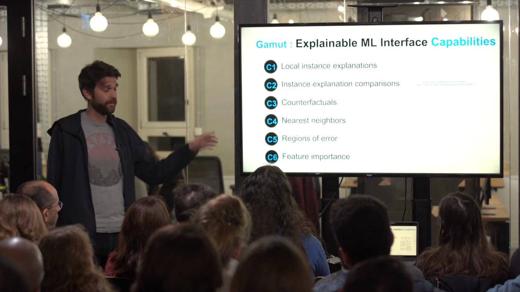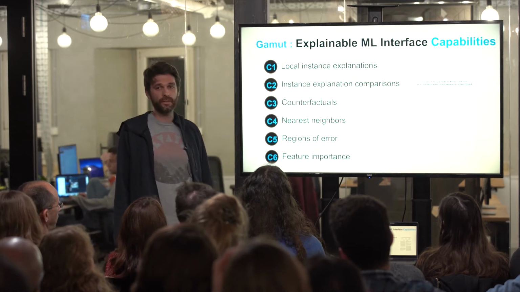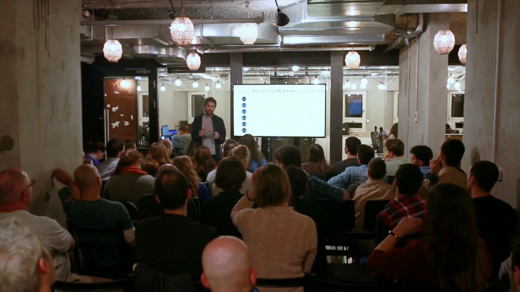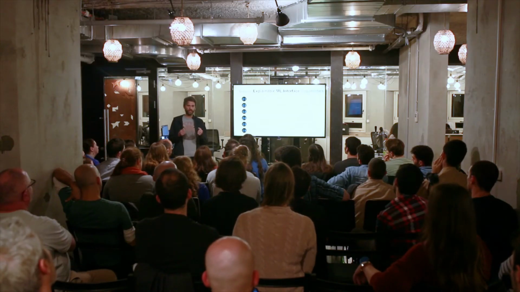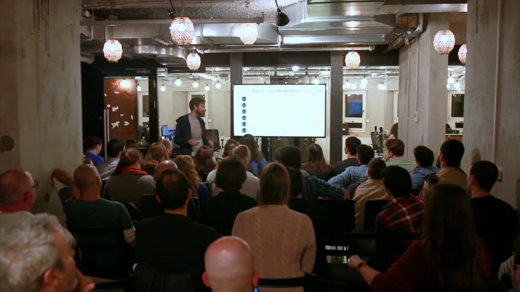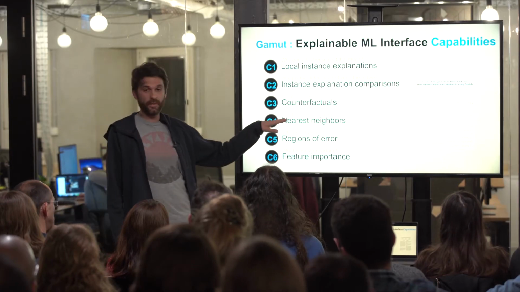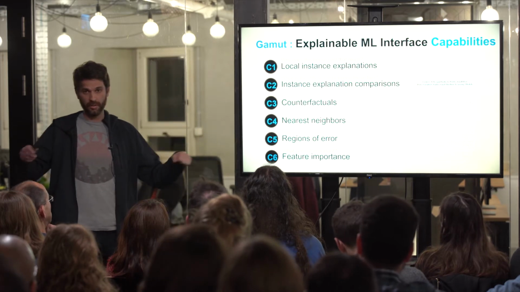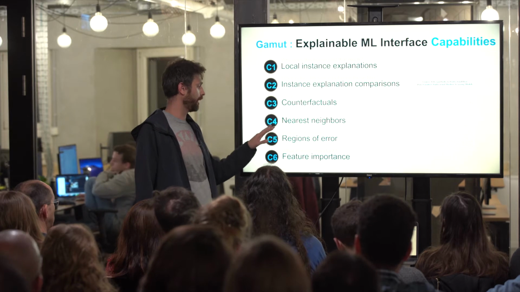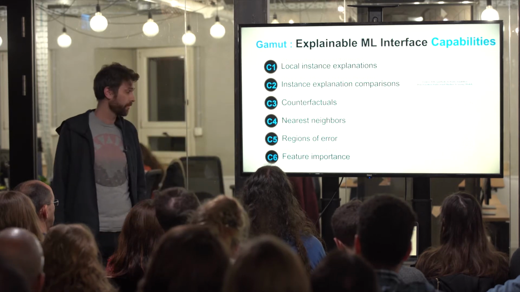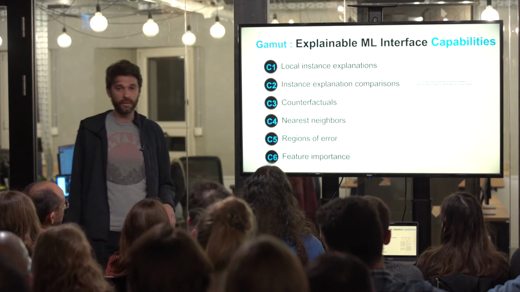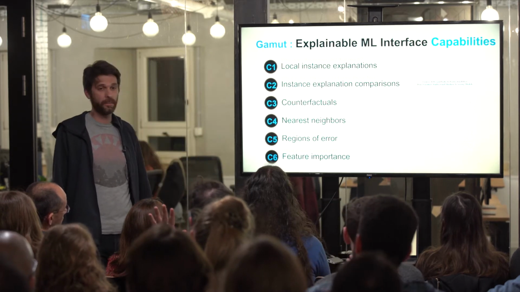What if was translated to counterfactuals: I have a certain data point, but what if I change some parameters? What will it do to the prediction? What effect will it cause? Similar houses translated to nearest neighbors for the points. Where the model is getting it wrong is the whole area of error analysis. And what is most important is translated to feature importance. So those are the capabilities.